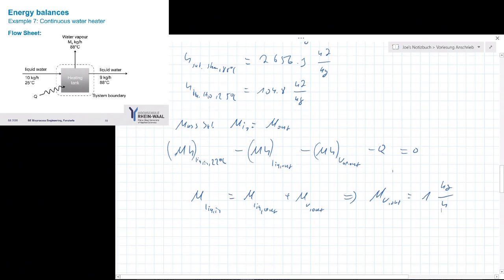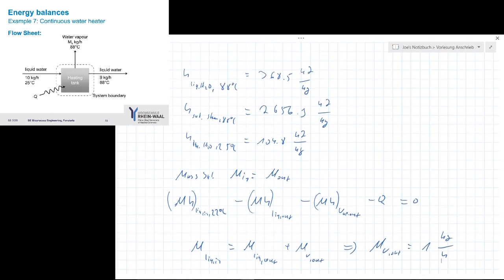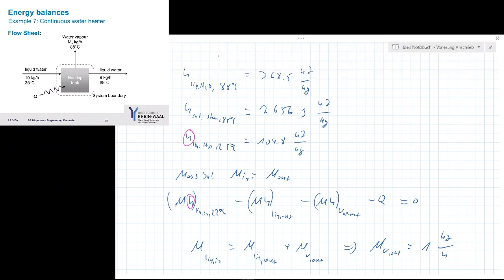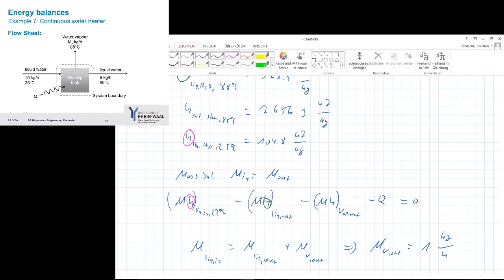And now what we need to do is we simply need to put in all values. So we put then the mass of our liquid in, which is 10 kilogram, and we multiply it with the H coming from the liquid in, which is this value, and we multiply the H liquid out, which is this value, and we multiply the H from our vapor out, which is this value.